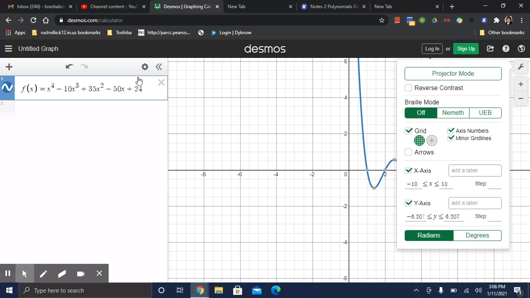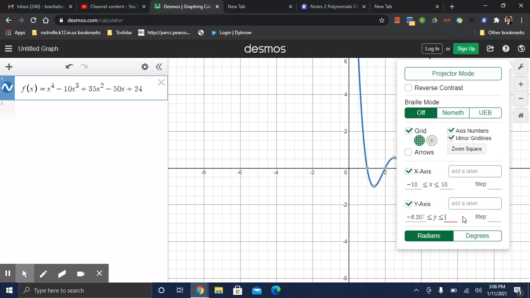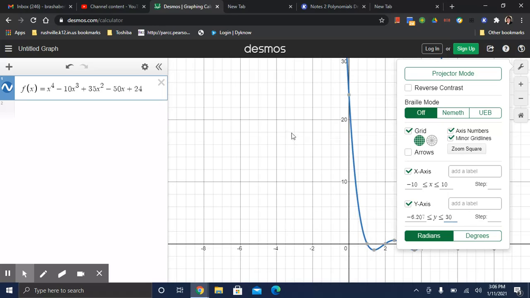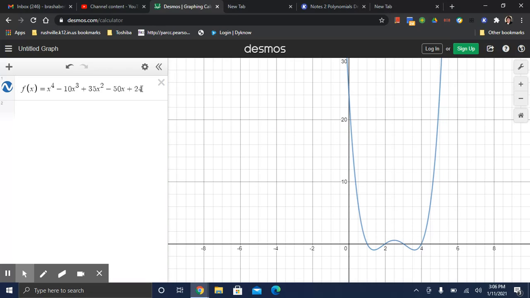I'm going to notice that this number 24 is going to give me what I need. So for the y-axis, I'm going to type in a number a little bigger than 24 for my top y value. If you use this, go a little bigger, you should then be able to see your y-intercept.